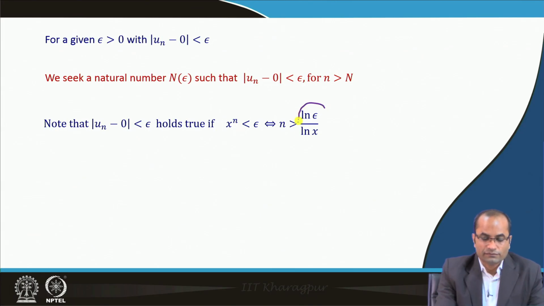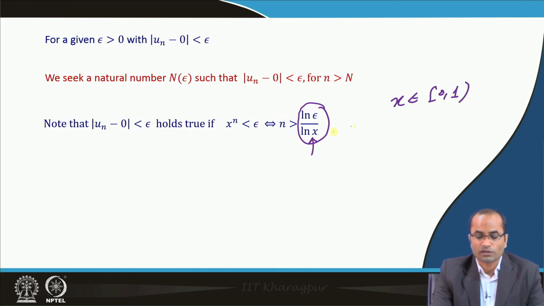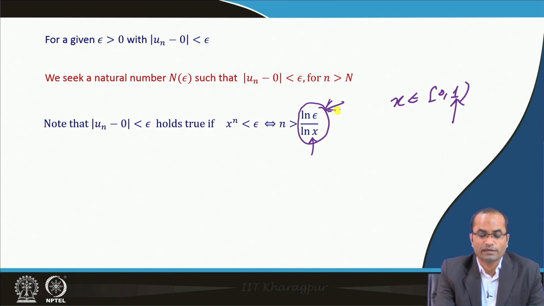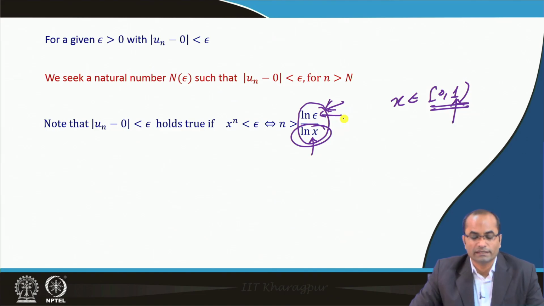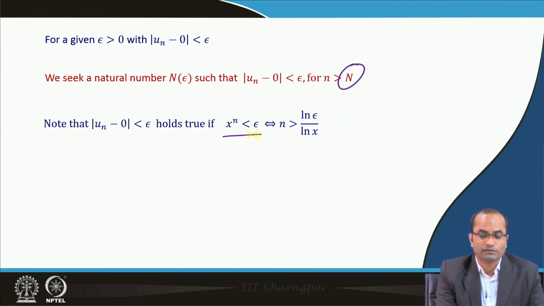Clearly, x lies in the interval 0 to 1. As x goes close to 1, ln x goes to 0, and this quotient becomes arbitrarily large, an unbounded number, for any given epsilon. Since x is in the interval 0 to 1, we cannot bound the quantity ln epsilon divided by ln x. So, basically we cannot find such an N so that this relation holds.